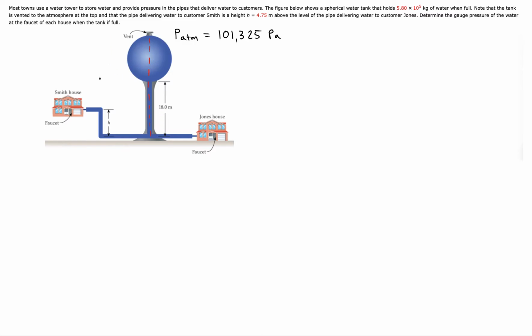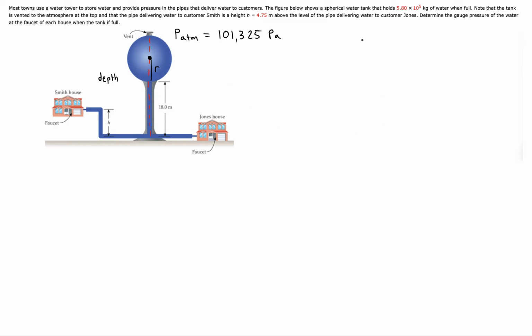Alright, so we'll call that the depth. And we could use the density of water to figure out what the radius of this tank is. So we'll call that R.